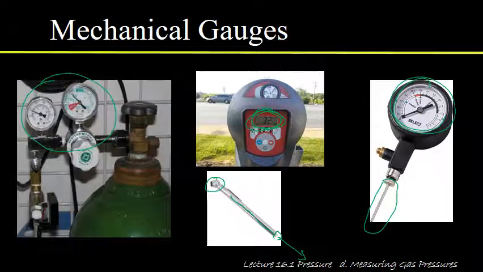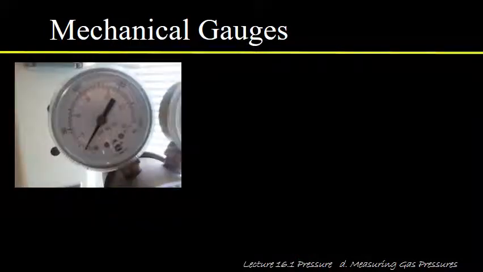Okay. But if you look under the surface, there's something a little bit more complicated and a little bit more interesting going on, and we need to look at that for just a minute. Okay, so here's a typical pressure gauge. This is from a gas cylinder in the lab, and you might not be able to read it where you are, but it's got two different sets of units.